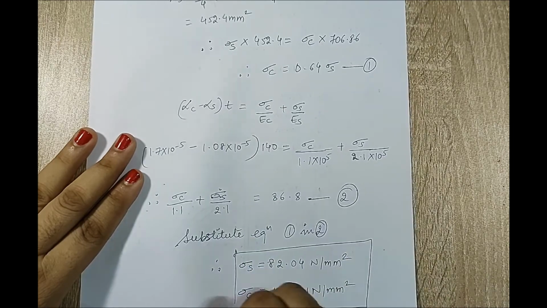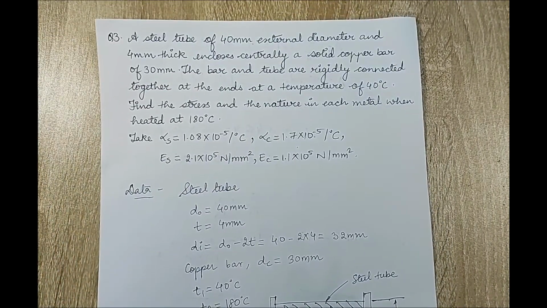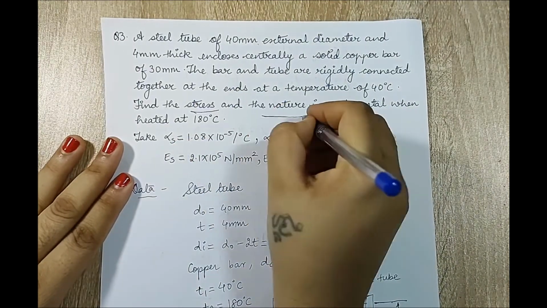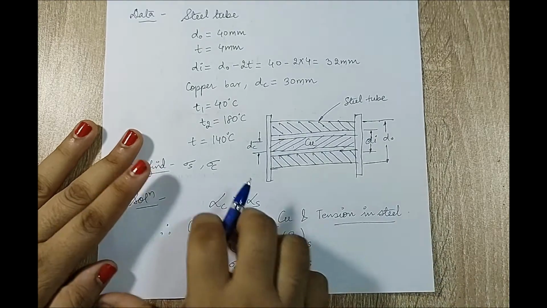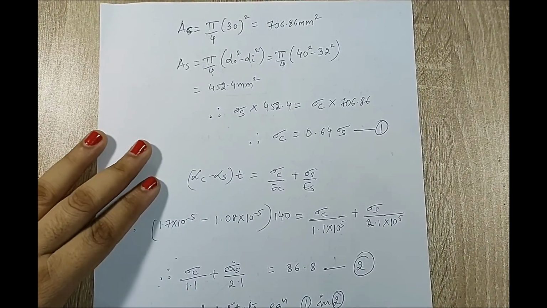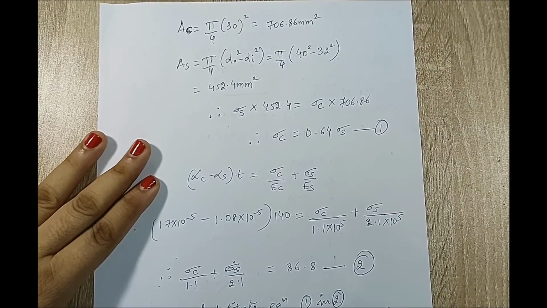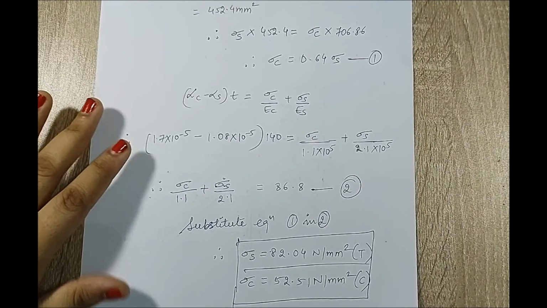So these are the two values that I get. Now this is not it, because it is written that I have to find the stress and the nature. Now here we have discussed that there is compression in copper and tension in steel. So I am just going to write that there is tension in steel and compression in copper.